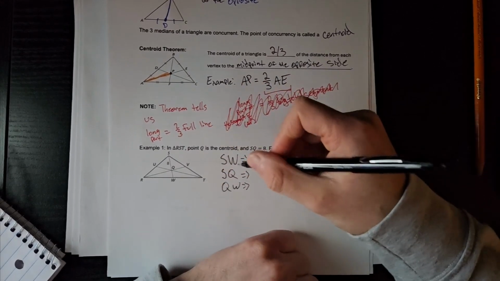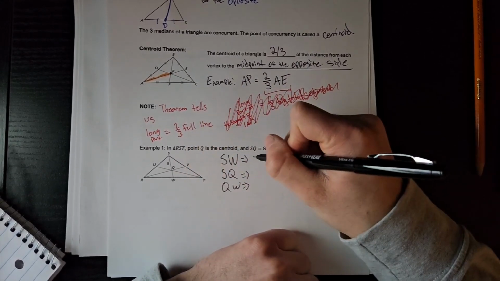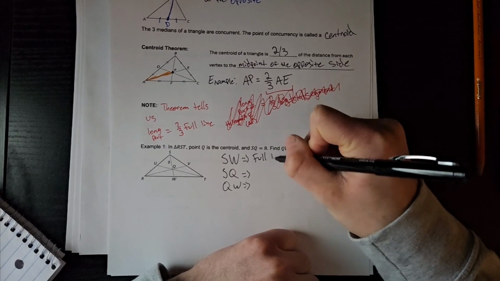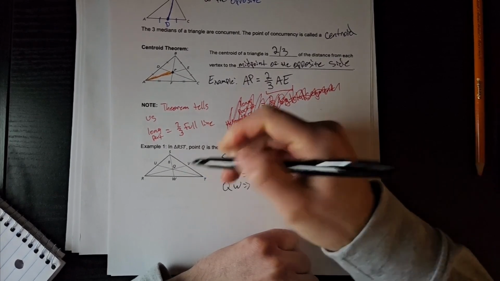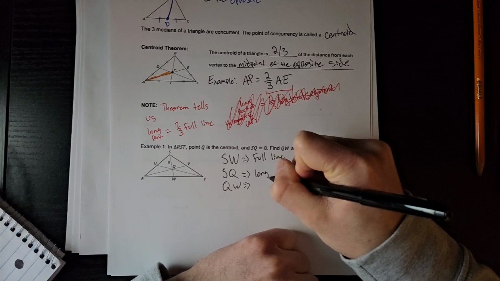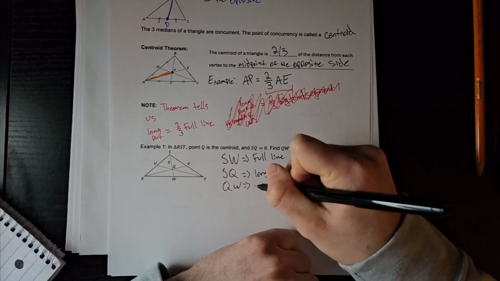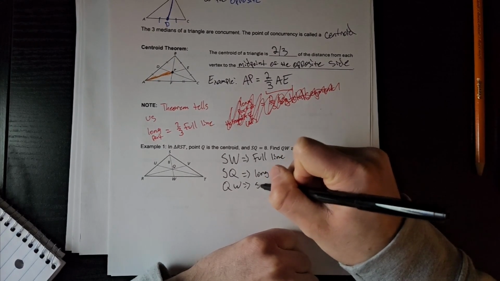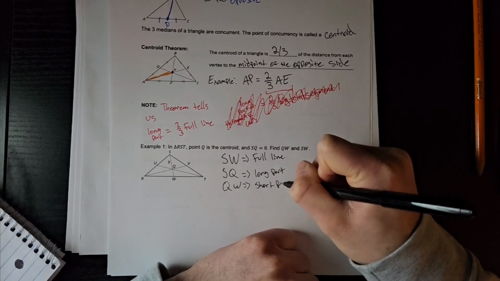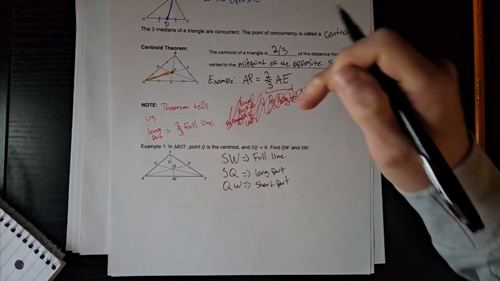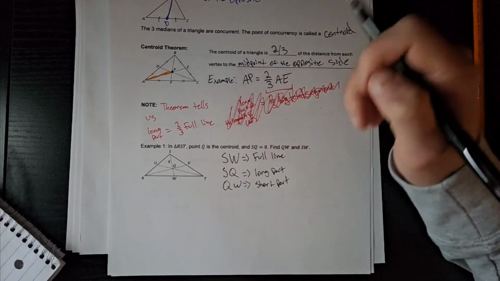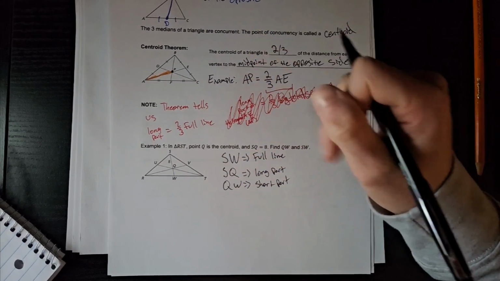Looking at what we have, we can see that SW is the full line. SQ is the long part. And QW is the short part. I can find my answer at this point for everything.